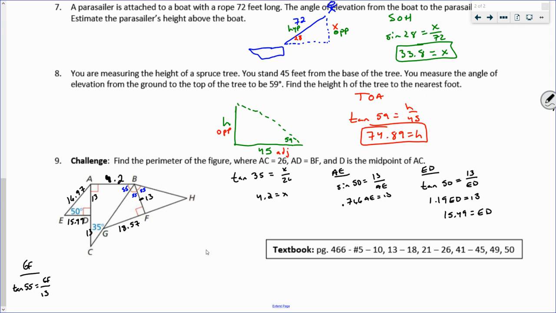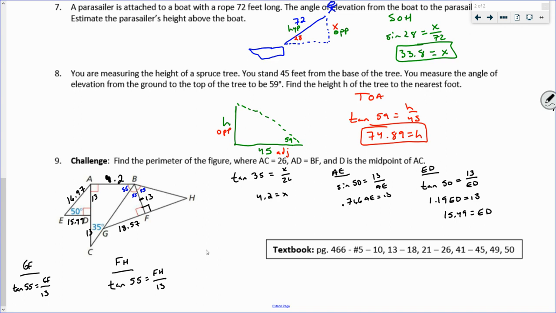Okay, now if I want to look at side FH, I'm going to look at triangle BHF or BFH, because here's 90 degrees, right? So I'm going to look at an adjacent side and an opposite, so I'm going to go tan of 55 again equals opposite, so FH over adjacent, which is this 13.